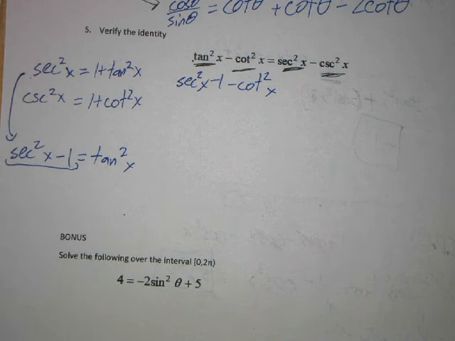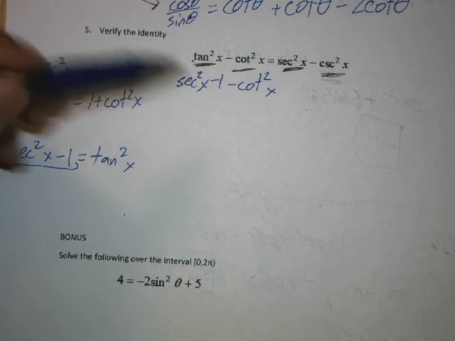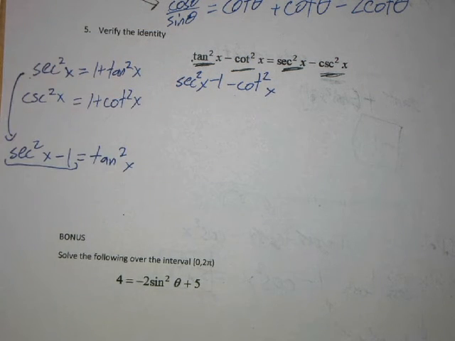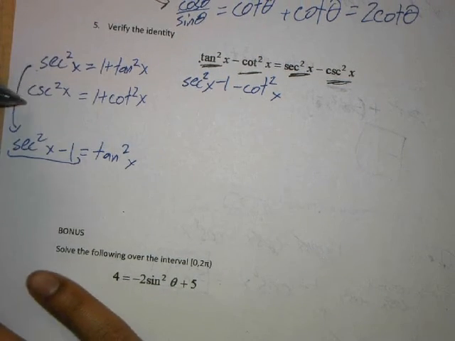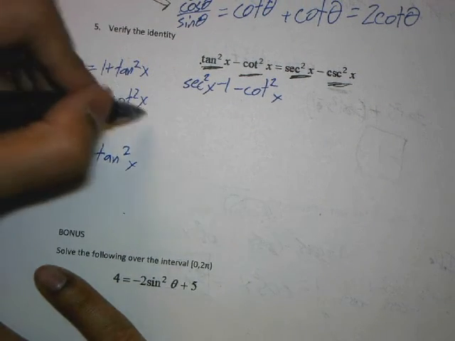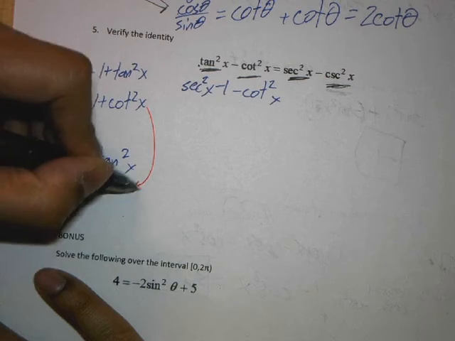Now we have to find a way to replace cotangent squared in here. We can use the second of these identities, and I'll use red so it shows up a little better.